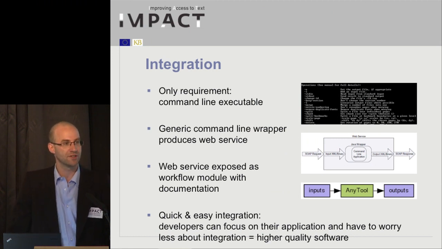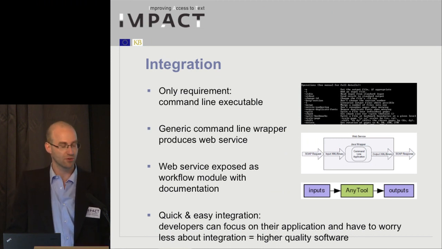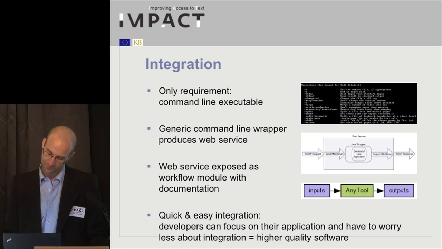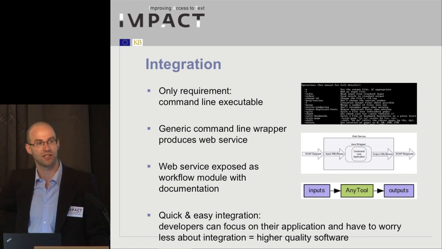What we then do is we use this command line, and we have created a wrapper tool that's also on this GitHub repository. And that just very easily allows you to create a web service from any command line tool. And this web service is our interoperability layer, on which all the tools interchange data between them.